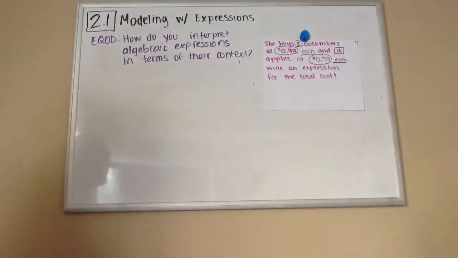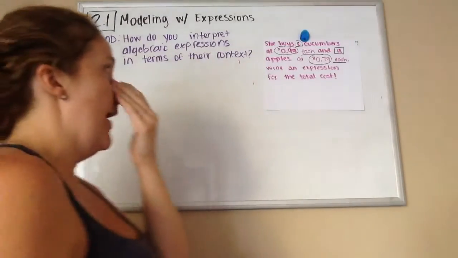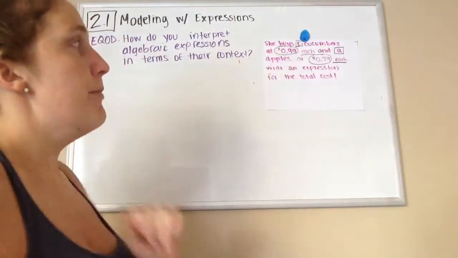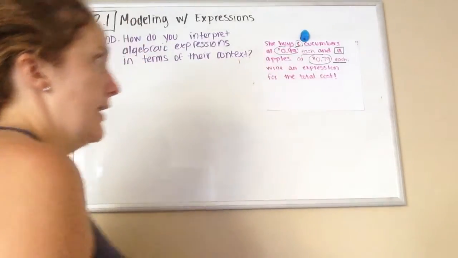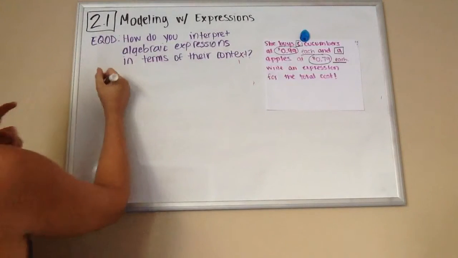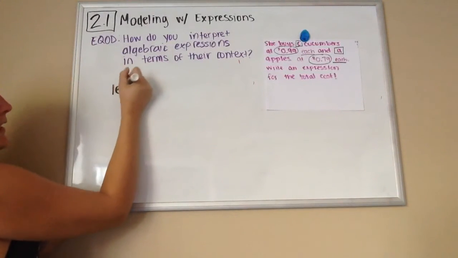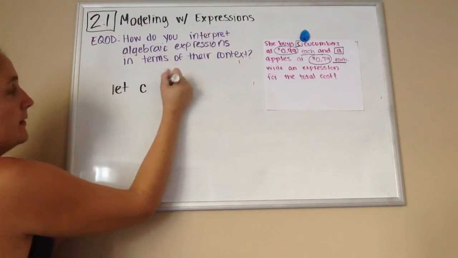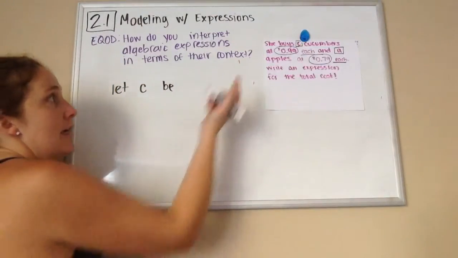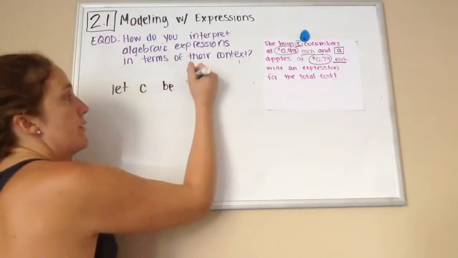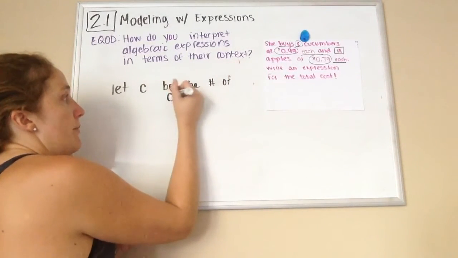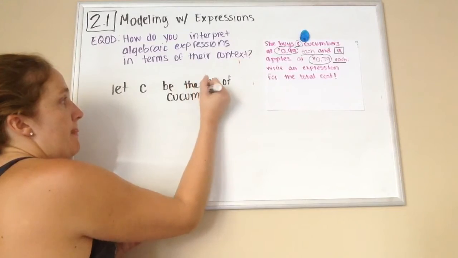It says write an expression for the total cost. Okay, so you're going to the store, you're buying cucumbers and apples, and it's asking for the total cost. Okay, first thing we have to do is define our variables. We're going to let C be, it already put the variables here, so what is C really? C cucumbers. Okay, so it's the number of cucumbers, so how many cucumbers we bought.